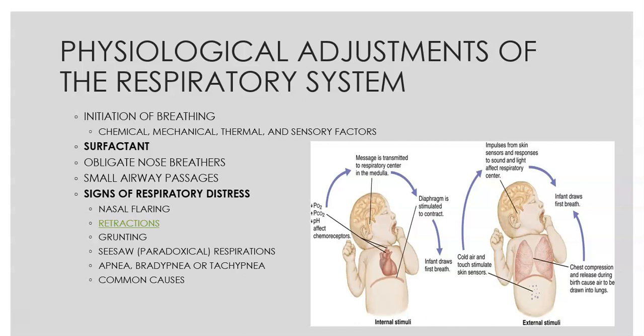Something that is really important for you to know about is a chemical produced by people called surfactant. So surfactant is almost like a detergent in the lungs. It helps those alveoli open. When we talk about the lecture on high-risk newborns, with preterm babies, this is a big concern. Before 37 weeks, sometimes babies haven't produced this yet.